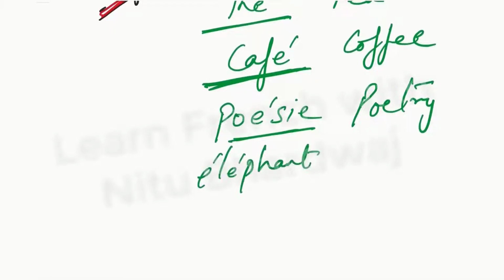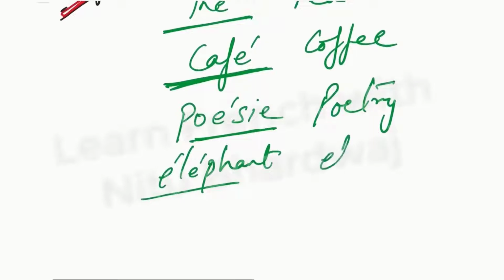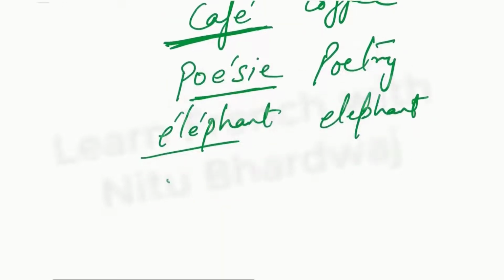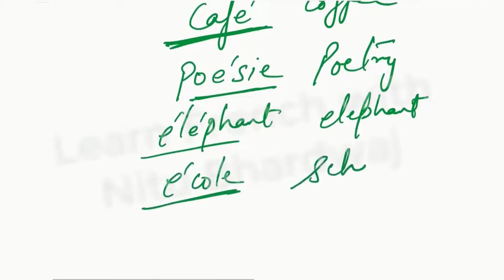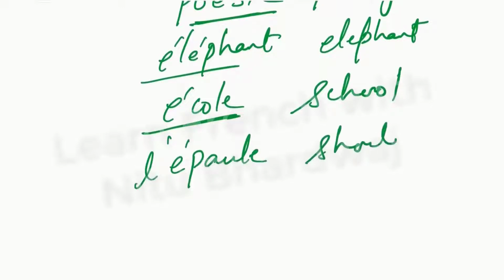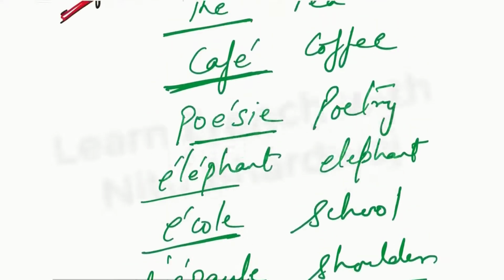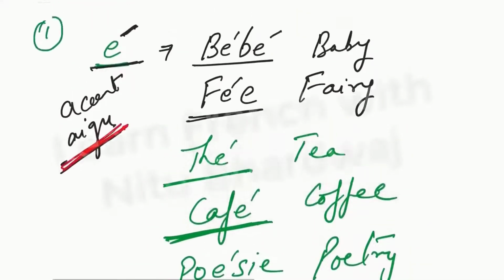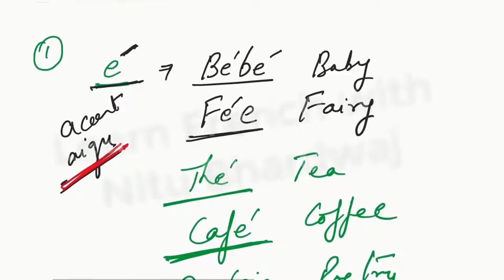Éléphant means elephant. École means school. L'épaule means shoulder. Let's revise this accent once again.